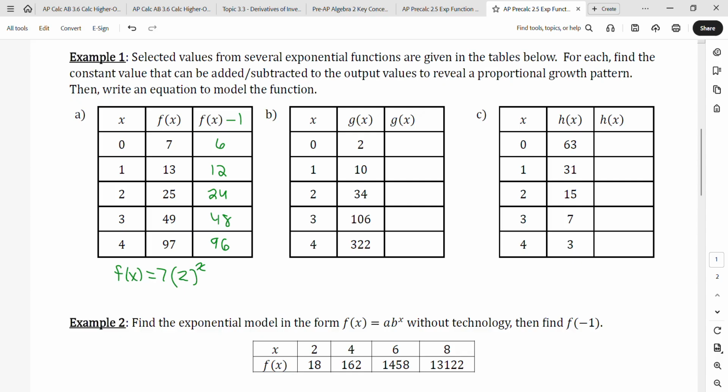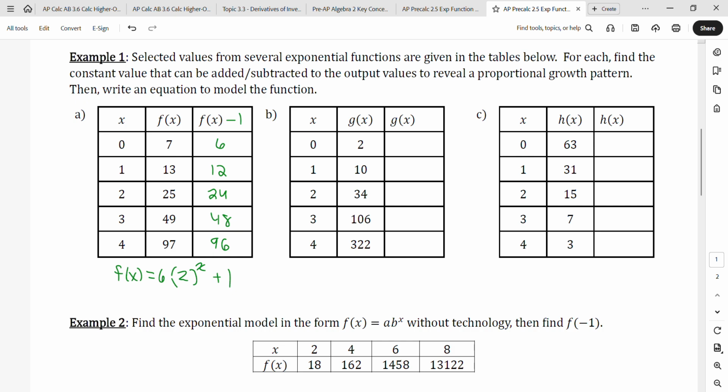This table right now does not represent the pattern. Wait, hold on one second. Not 7, it's 6. I'll tell you why in a second. When we do 6, it's almost like we're looking for the parent function, the foundation.